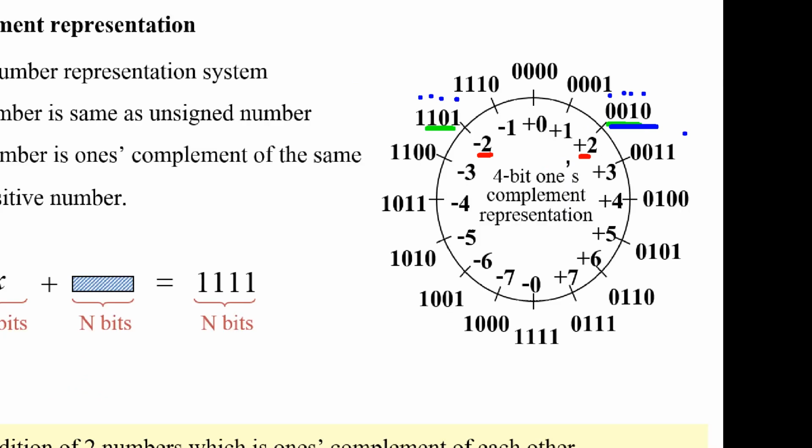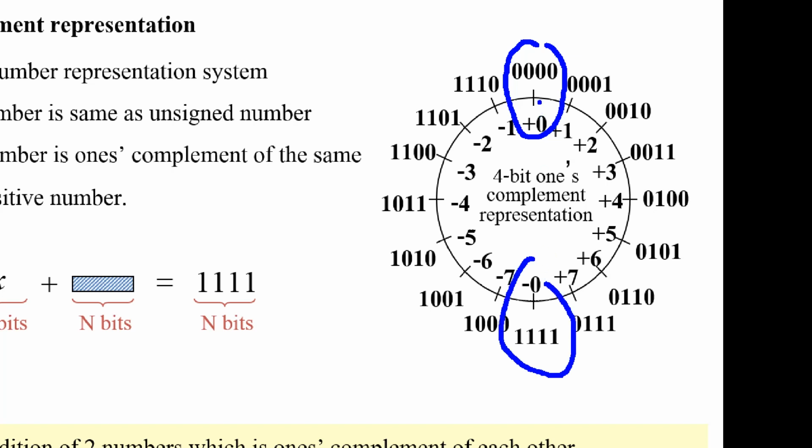This number system is normally not used because it has some disadvantages. For example, for 0 there are plus 0 and minus 0.